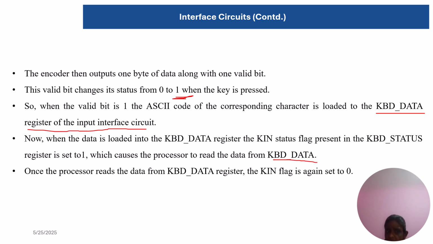Once the processor reads the data from the keyboard data register, the KIN flag comes to 0. So KIN, this is the valid bit, changes from 0 to 1. If it is 1, it means all 8-bit data is available in the keyboard data register.